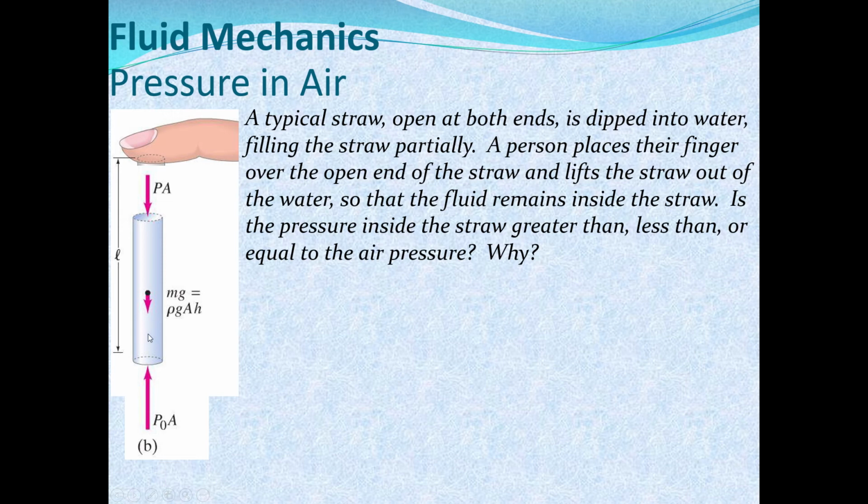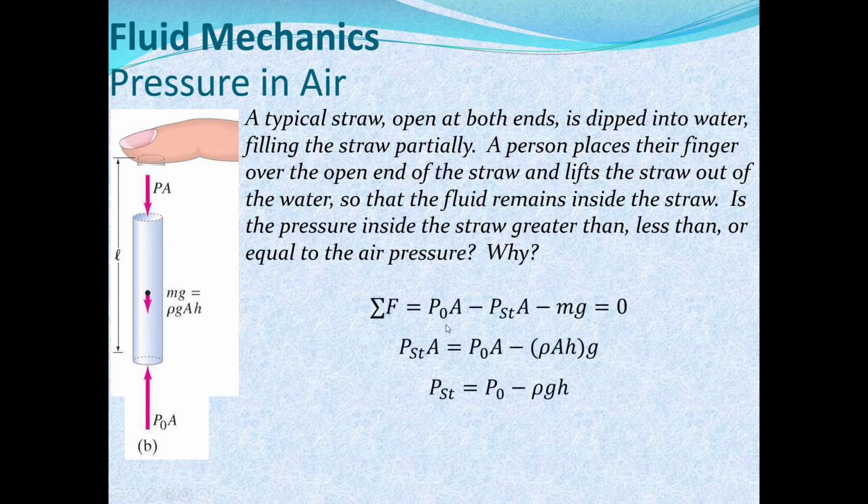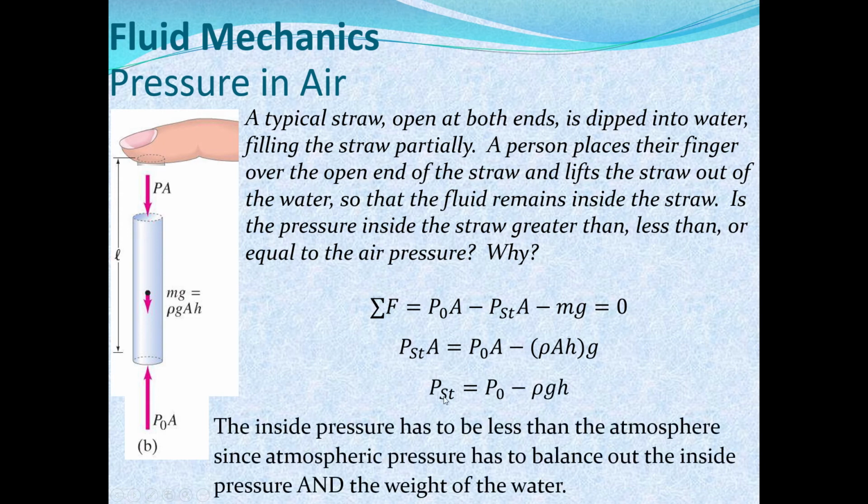So it can't be equal. If this was greater, that would mean it would overpower the air pressure's force, so it would go down. So this would have to be less than. So the pressure inside the straw is actually a little bit less than the air pressure.